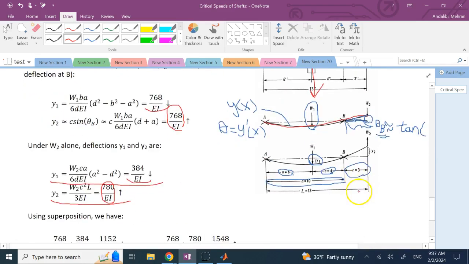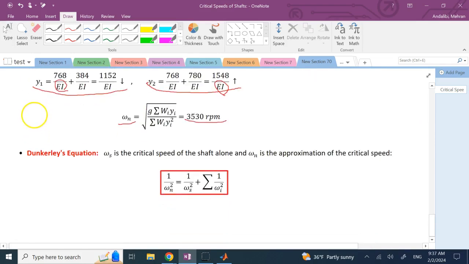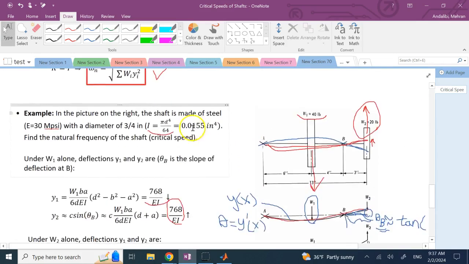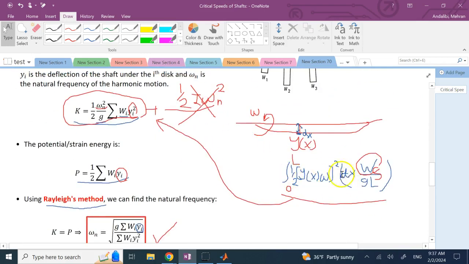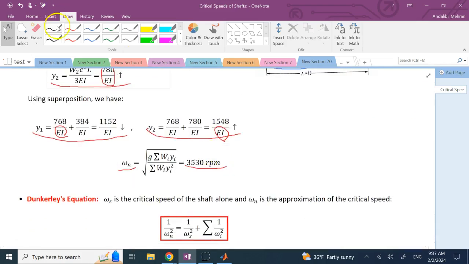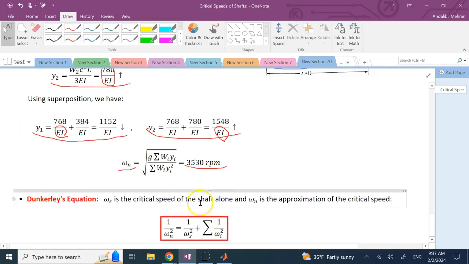And so there is a formula in vibrations which is an approximation for using the Rayleigh method with this y of x, and it's called the Dunkerley equation.